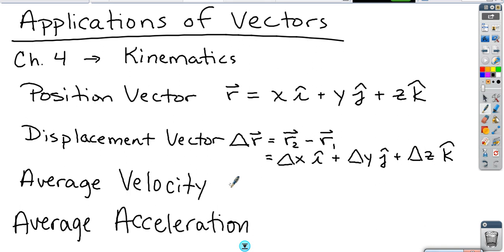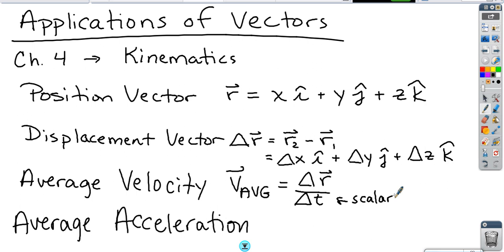Well, we already know what the definition of average velocity is. It's just distance over time, in this case displacement over time. So we have our displacement vector and we're dividing it by time. Now time's a scalar.